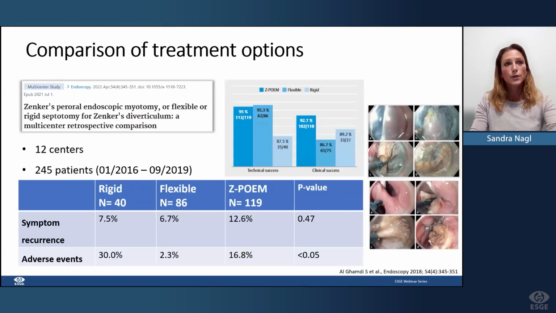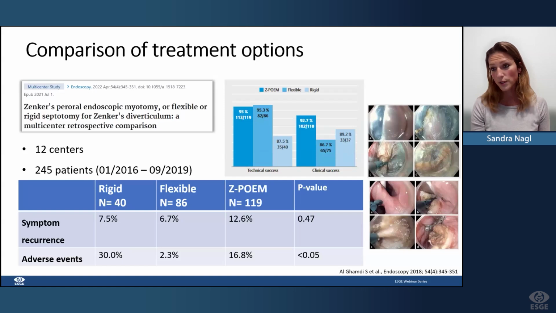So when we try to compare SEPTOM and flexible endoscopic septotomy, what should we consider for our patients? For now, we can only rely on retrospective studies. We are still awaiting results from a randomized trial, as Jan already mentioned. But when we look at this retrospective multicenter study, which is quite a huge one, which compared rigid versus flexible approach versus SEPTOM, they show that there is no difference in terms of technical success, clinical success, and symptom recurrence, but there was a huge difference in terms of adverse events.